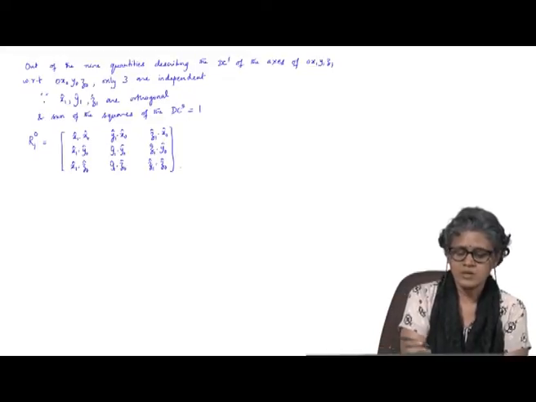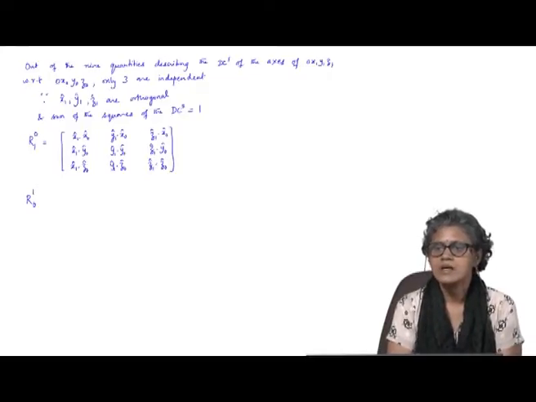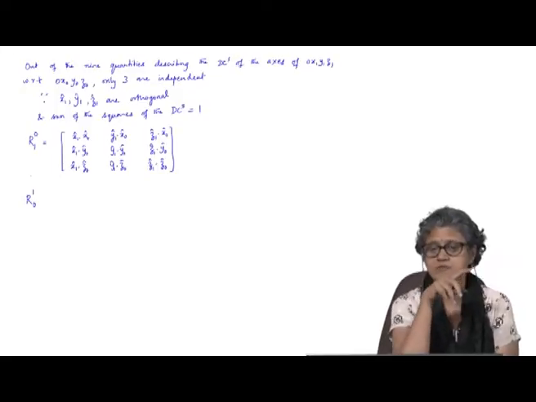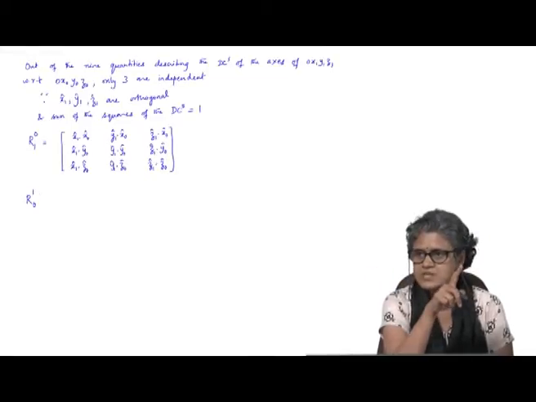So, if I want the rotation matrix, I want to look at it from the angle of x naught y naught z naught. I want to see what is the rotation of x naught y naught z naught with respect to x1 y1 z1.